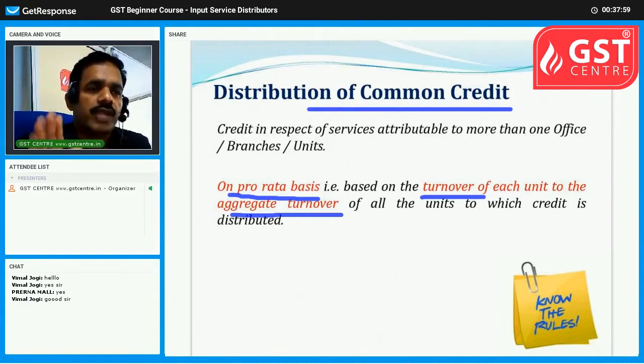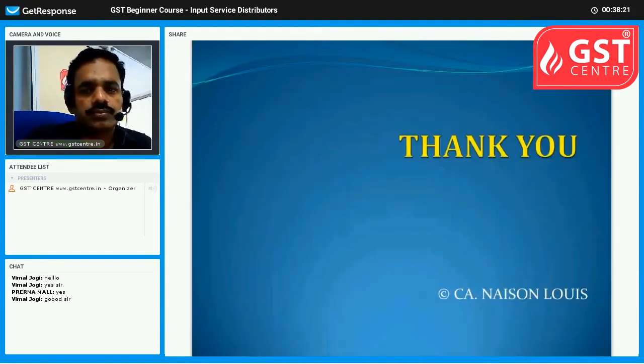But if the turnover of Chennai and Bangalore is 1 crore each and the turnover of Mumbai is 2 crores, input tax should be distributed on the basis of a 1:1:2 ratio. So it should be distributed on the basis of aggregate turnover on a pro rata basis.